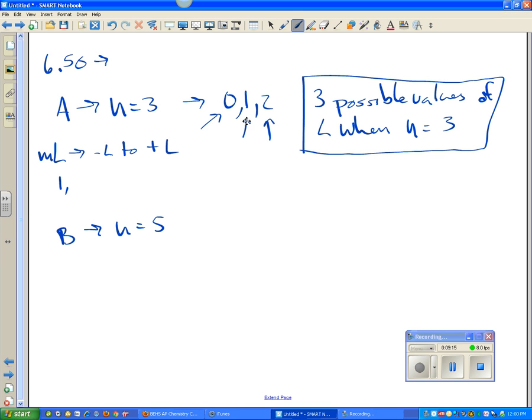Now, when L equals 1, I have negative 1, 0, and positive 1. So that's 3 possibilities. When L equals 2, I have negative 2, negative 1, 0, positive 1, and positive 2. So that's 5. All right, so 1 plus 3 plus 5 is 9 possible values of ML when n equals 3.